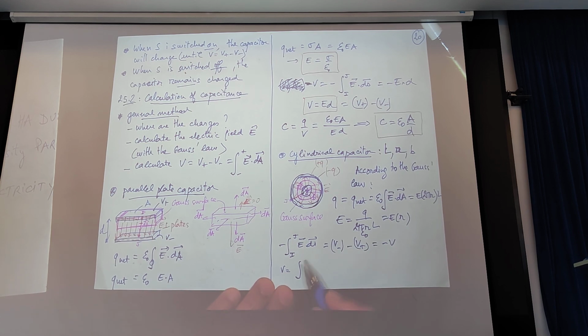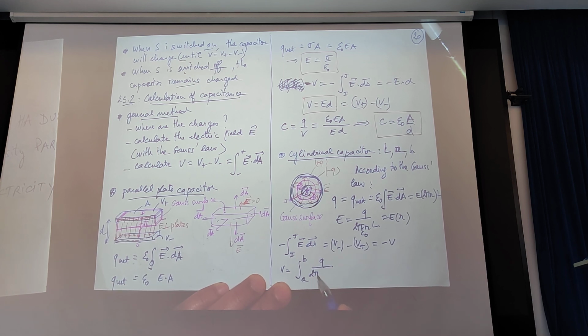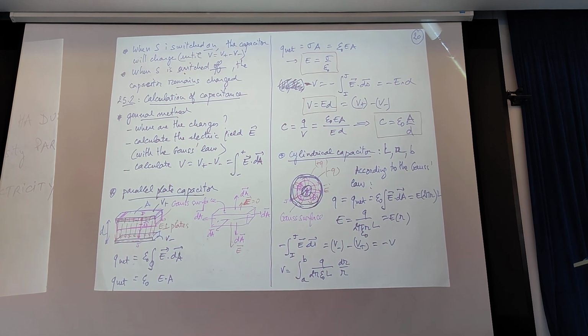When the radius is A, and at point B, the radius is B. And we have Q over 2π epsilon 0 L, so ds is dr over R. Oh, this is minus, sorry.